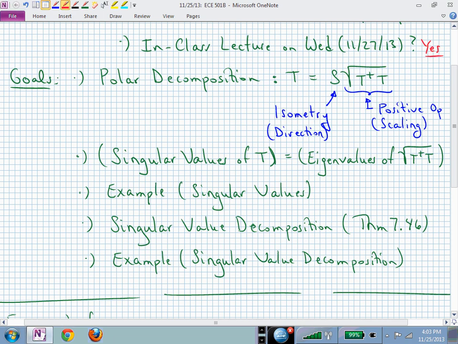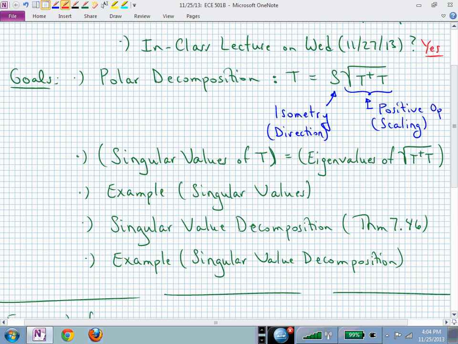We will prove that polar decomposition rather quickly maybe, but it's kind of a jumping back and forth proof, so eventually at the end you put all the pieces together, and you can convince yourself that yes, we can separate an operator into two pieces, a scaling piece and a direction piece.